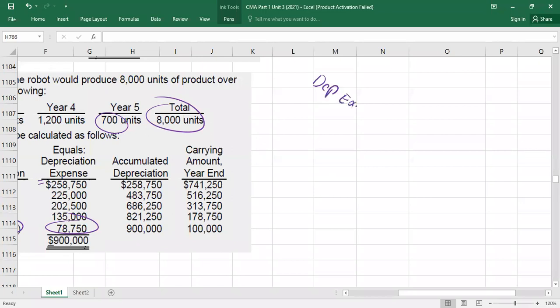Depreciation expense is equal to depreciable base multiplied by actual output divided by estimated output, total. This will give you depreciation expense every year. Clear? Understood?